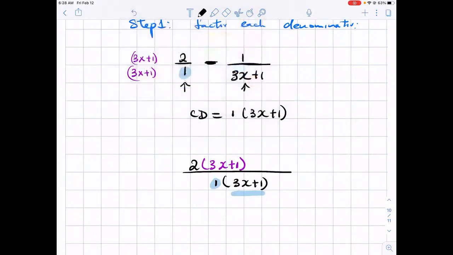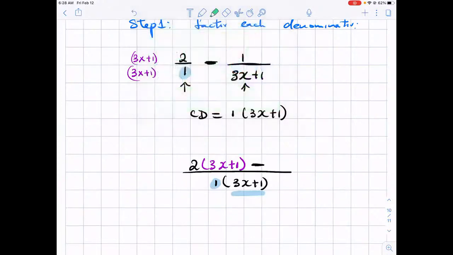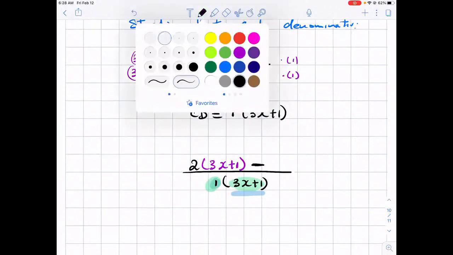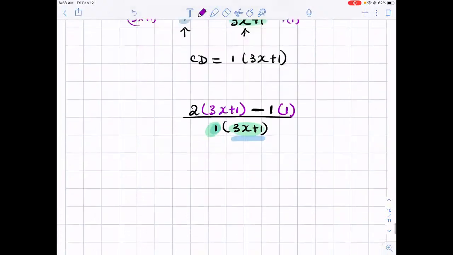Minus this minus. If I compare my second denominator, I have a 3x plus 1. So I do have a 3x plus 1 here, but I have a 1 here also. So I multiply the top and bottom by 1. So the top here becomes 1, but then times 1.